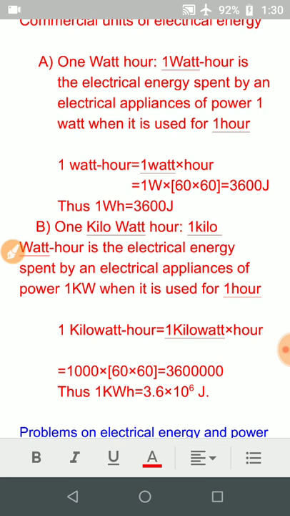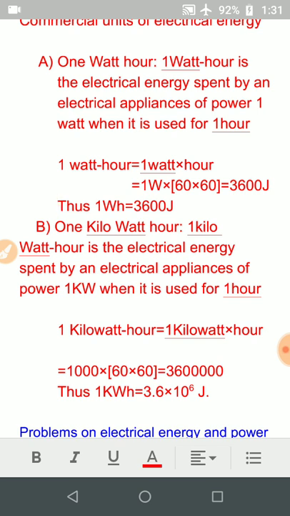Now 1 watt hour. 1 watt hour is the electrical energy spent by an electrical appliance of power 1 watt when it is used for 1 hour. That is, 1 watt of power is used by the electrical appliance in 1 hour.